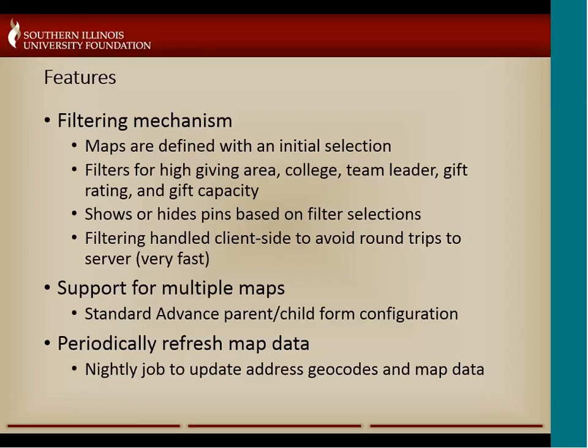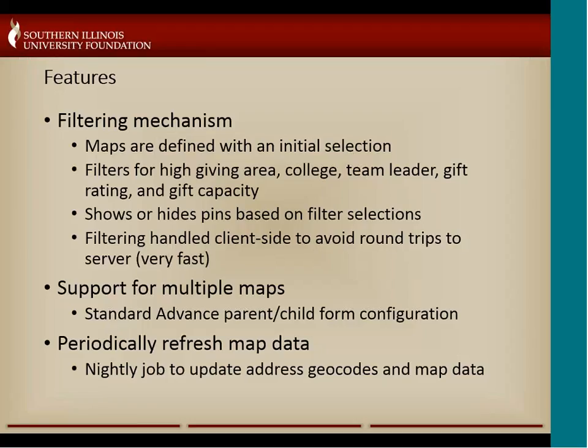So the next feature there is the filtering mechanism. What that allows us to do is to basically focus the amount of pins based off of these filters. So we have high giving area, college, team leader, the gift rating and gift capacity, which are from our GG+A data.